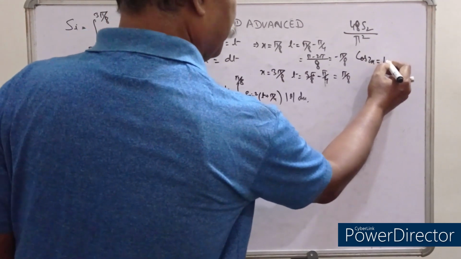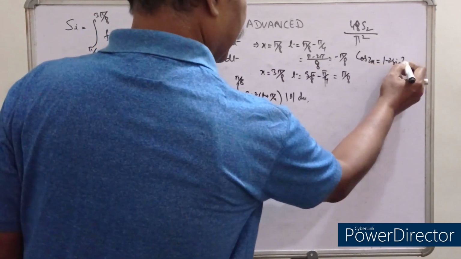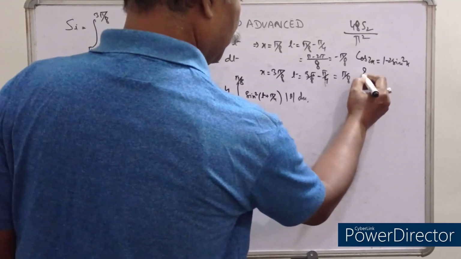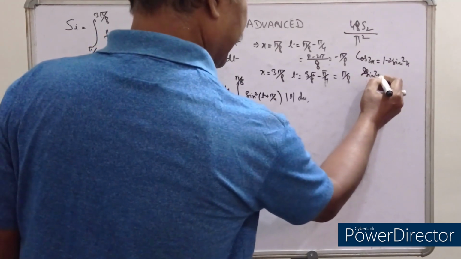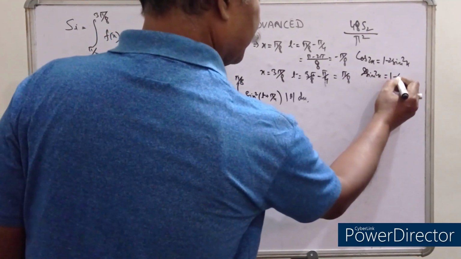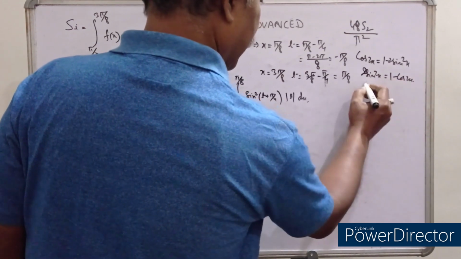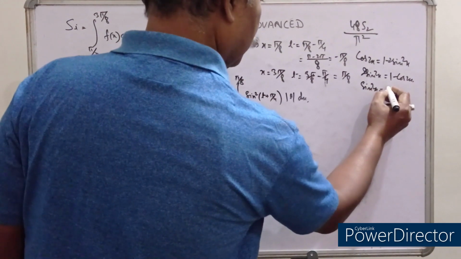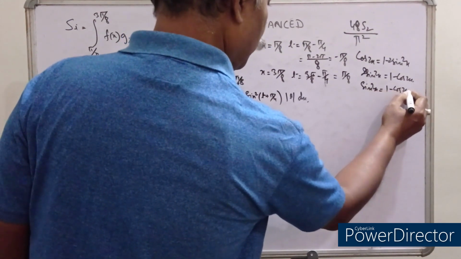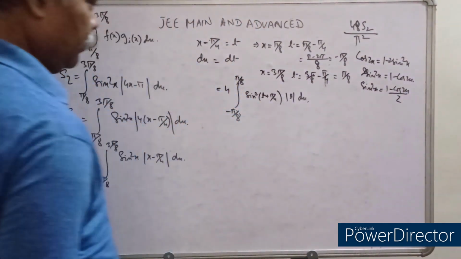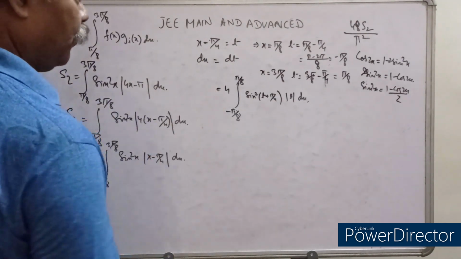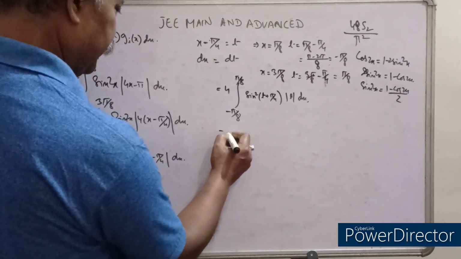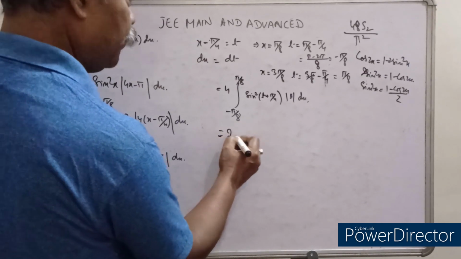We know that cos 2x is equal to 1 minus 2 sine square x. So 2 sine square x will be 1 minus cos 2x, and sine square x will be 1 minus cos 2x by 2. So here we have 4, and this is 2.